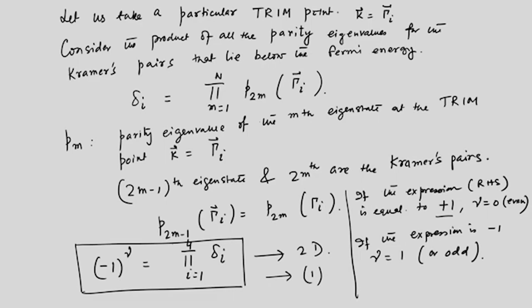And the reason nu is called the topological invariant is that nu equal to 0 corresponds to a trivial insulator, and nu equal to 1 corresponds to a topological insulator.